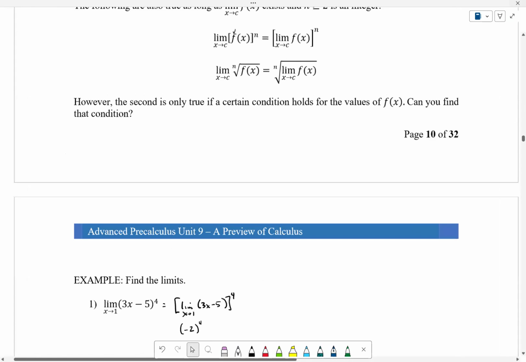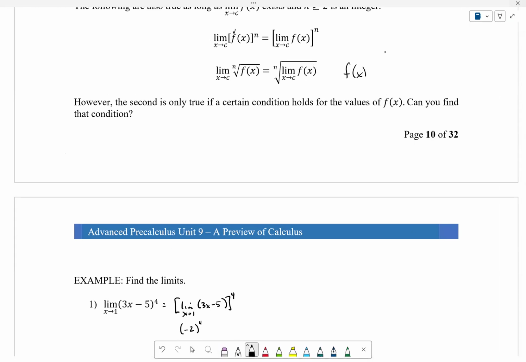The last statement, the second limit statement up there, is only true if a certain condition holds for the values of f(x). What do you think has to be true for these values of f of x? Well, it can't be negative. So f of x must be positive. It could be equal to 0 if, I'm sorry, I'm going to say it, I won't be lazy here.